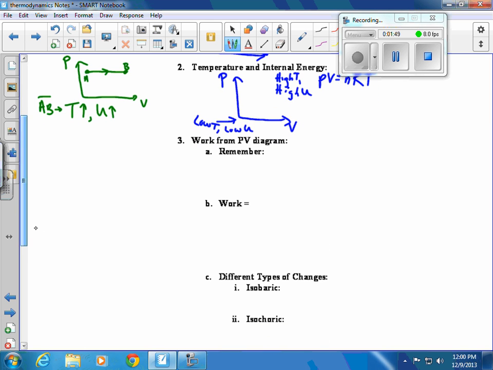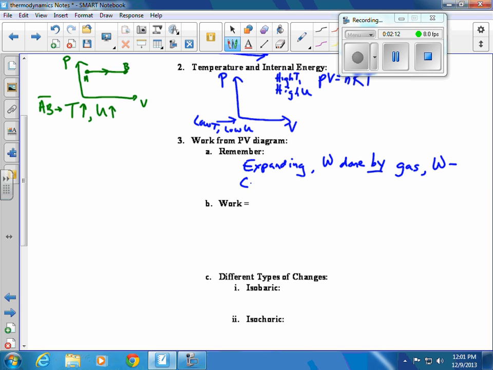Now, work from a PV diagram. Remember that if it's expanding, that means work is done by the gas, and that W is negative in that case.